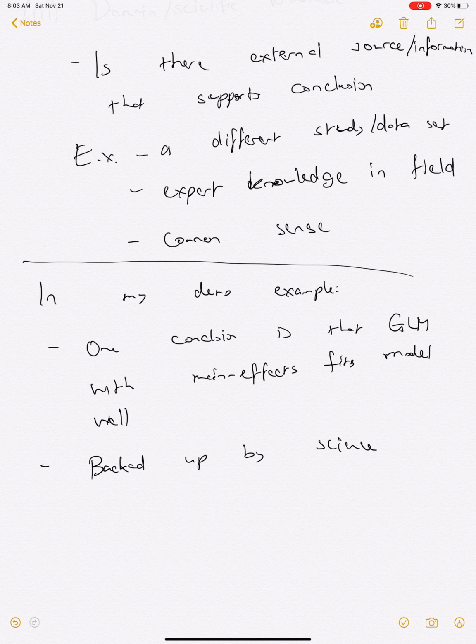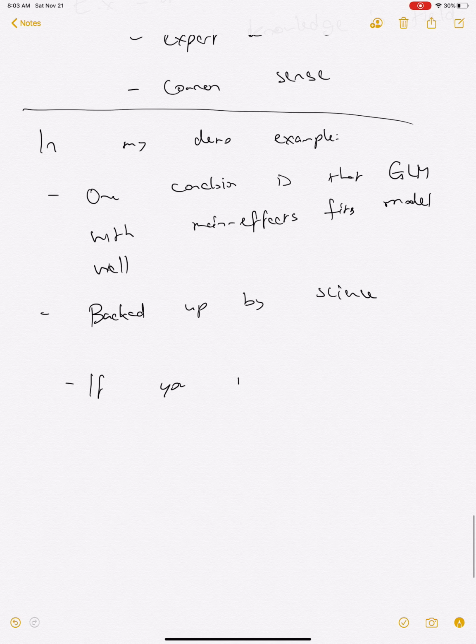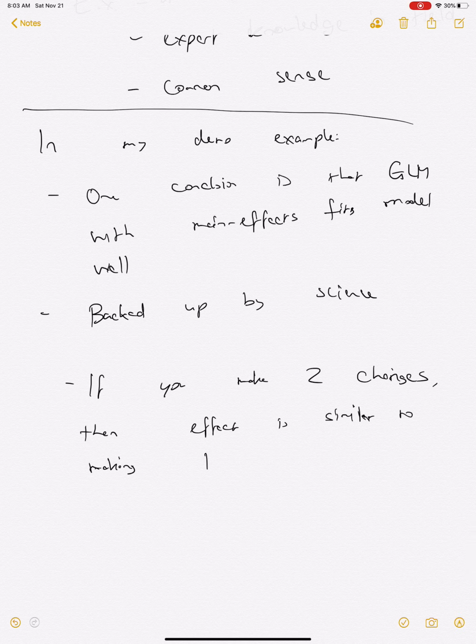If the GLM with main effects is a good fit, what that's basically telling you is that if you make two changes, then the effect is similar to making one change at a time.